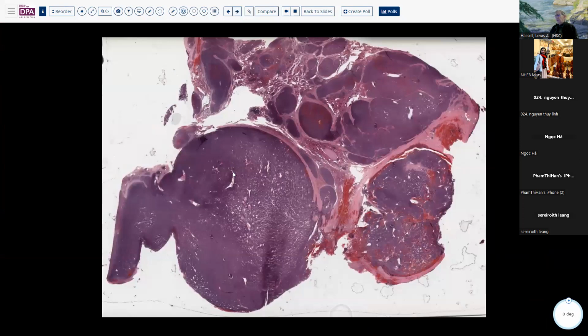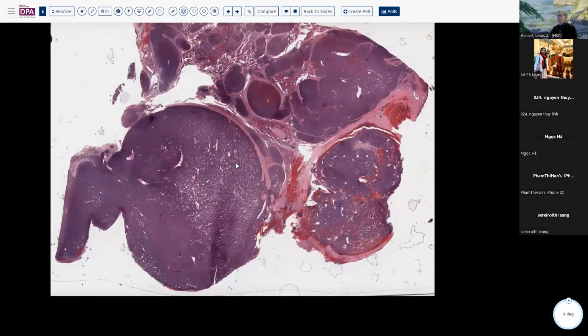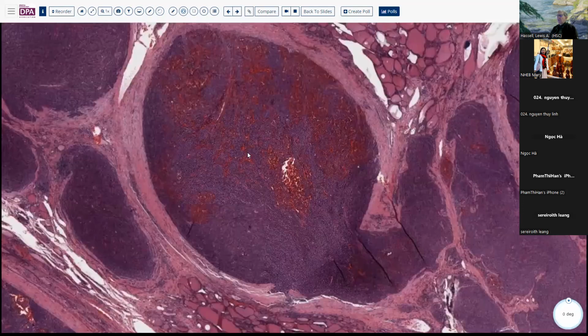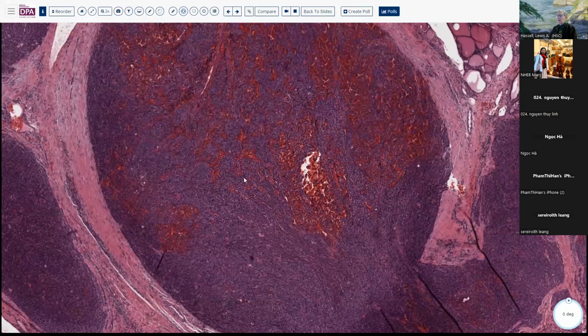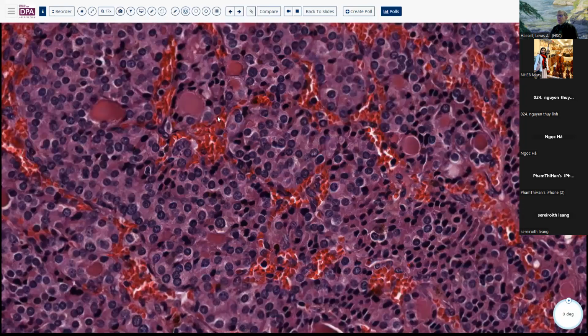Now, another tumor that can look deceptive is the so-called poorly differentiated carcinoma, or previously called insular carcinoma. Again, this can have quite a variety of morphologies, with some areas being more typical papillary carcinoma and other areas showing this more solid, almost carcinoid type of growth.